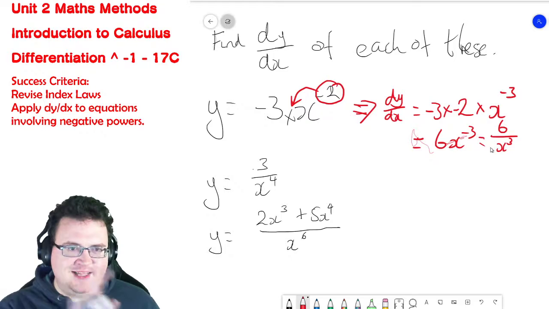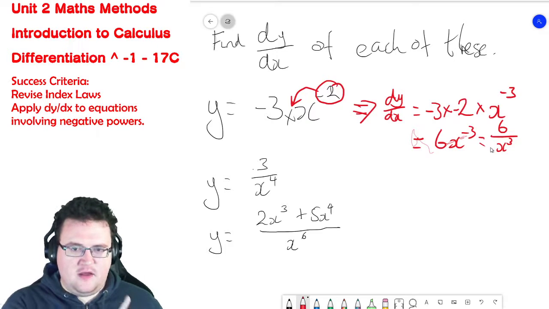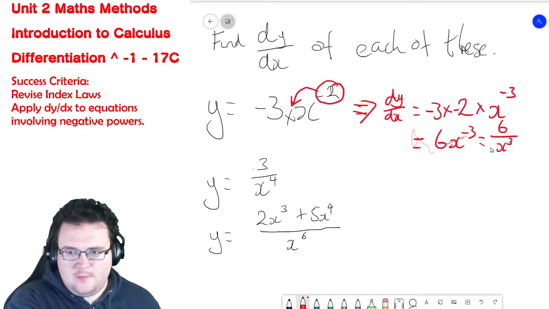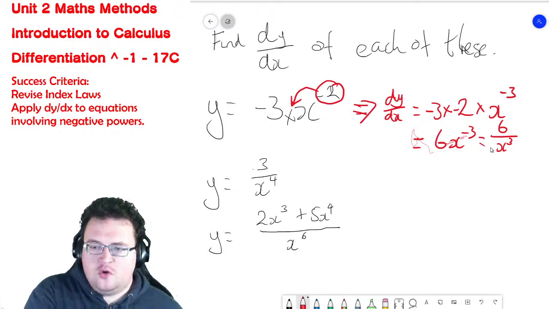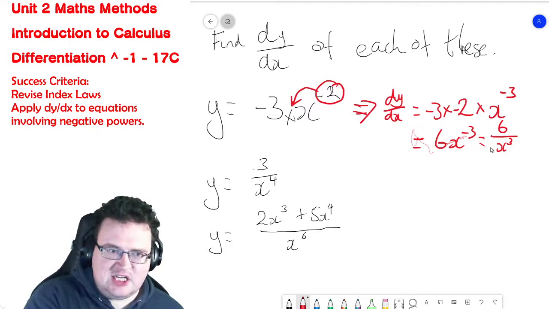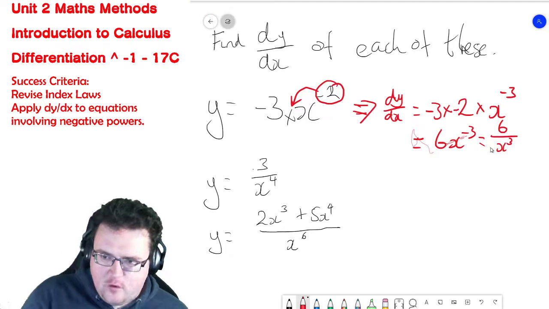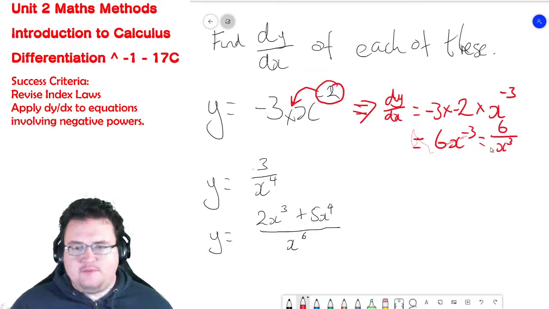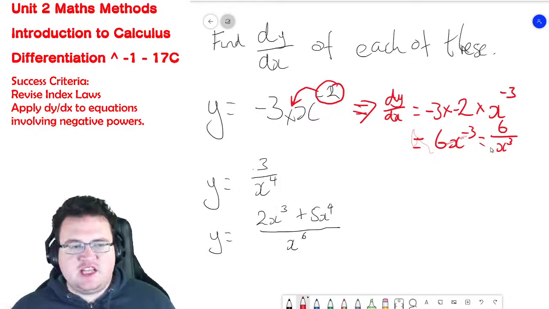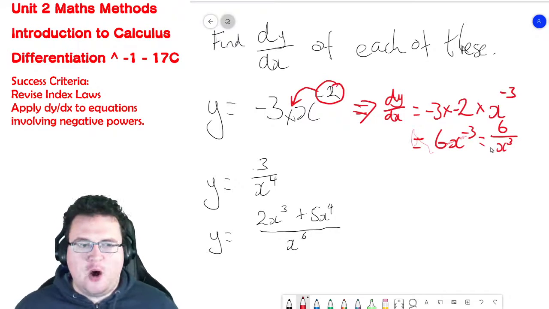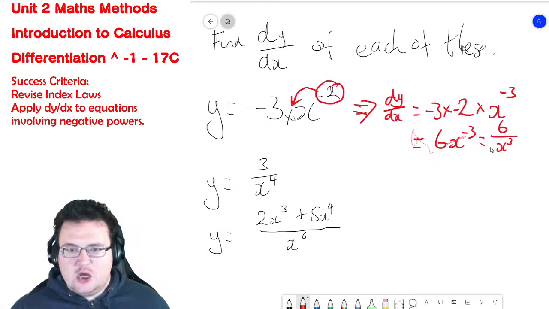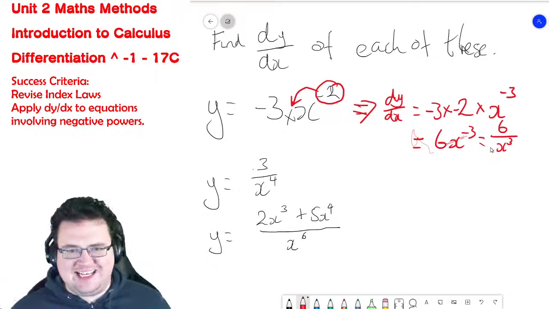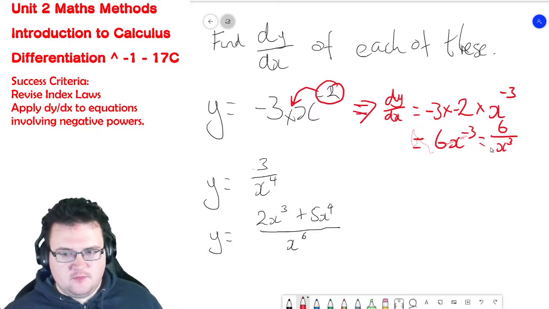Although in this case, I would accept either 6x to the -3 or 6 over x cubed. It all depends on what the question is asking. If the question doesn't specify a form, then we don't care. However, if it says use only positive indices, you would have to convert it to the fraction, because we don't want to see any negative powers.